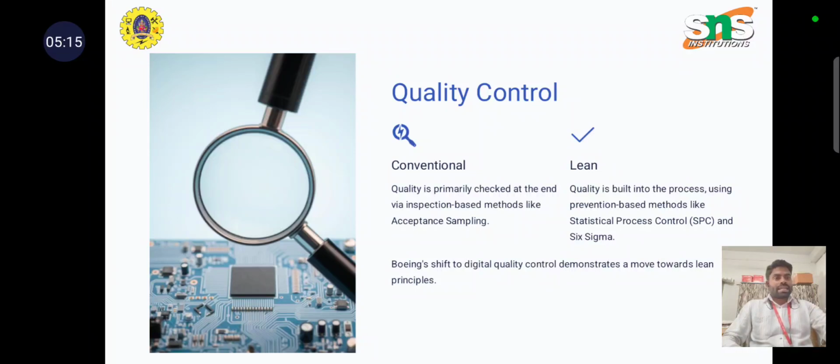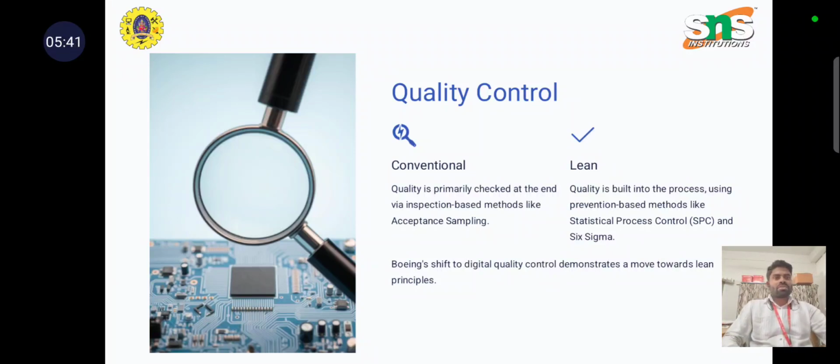Whereas in the lean manufacturing process, starting from the design, we incorporate the quality check. In each and every process we check the quality and the dimensions of the particular product, from the start of the design to the end of delivering the product to the customer.